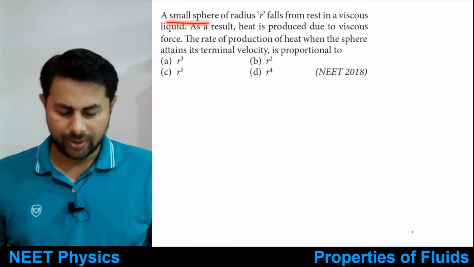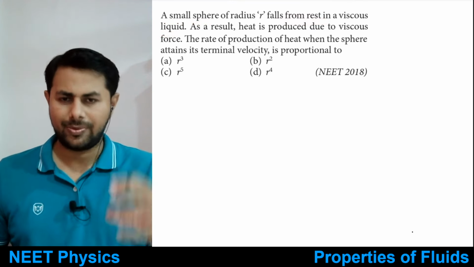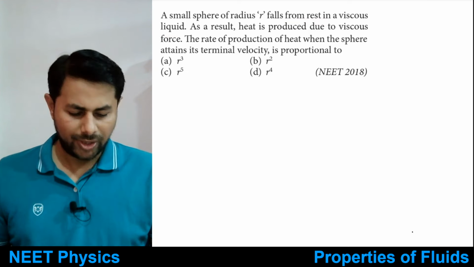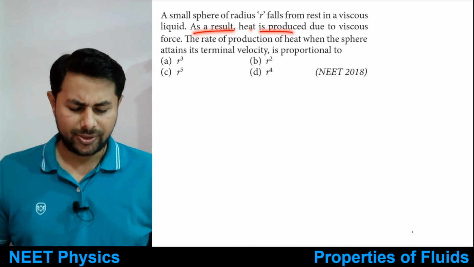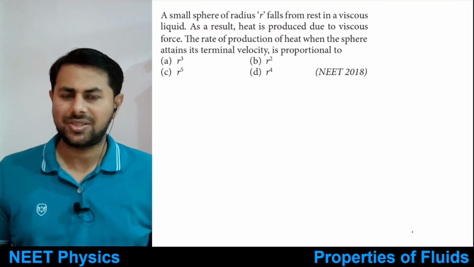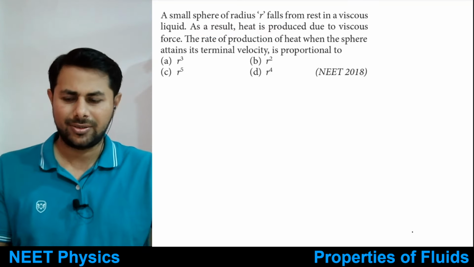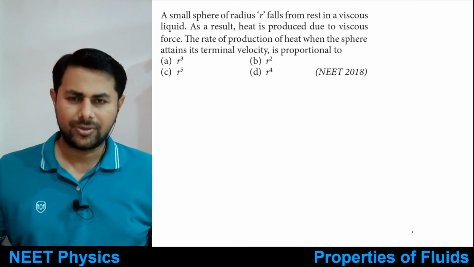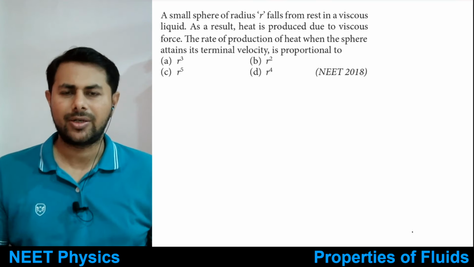A small sphere of radius r falls from rest in a viscous liquid. As a result, heat is produced due to the viscous force, right? Just like frictional force. As one object slides over another object or surface, we have to do some work against the frictional force, and the work done against frictional force gives rise to heat.